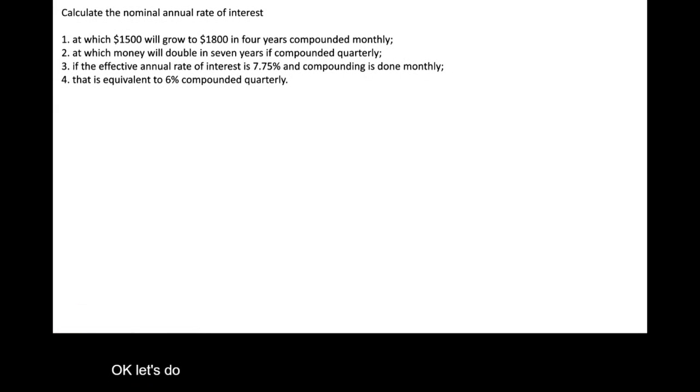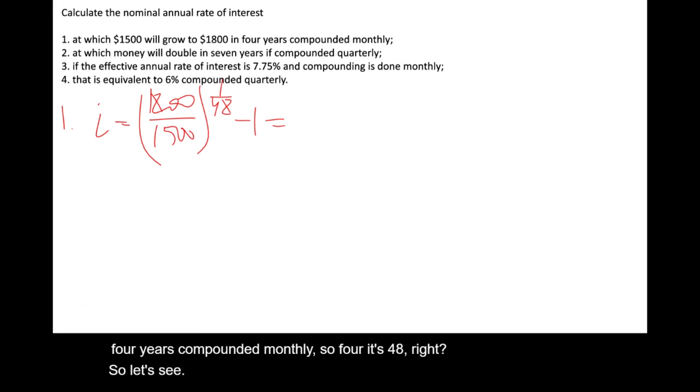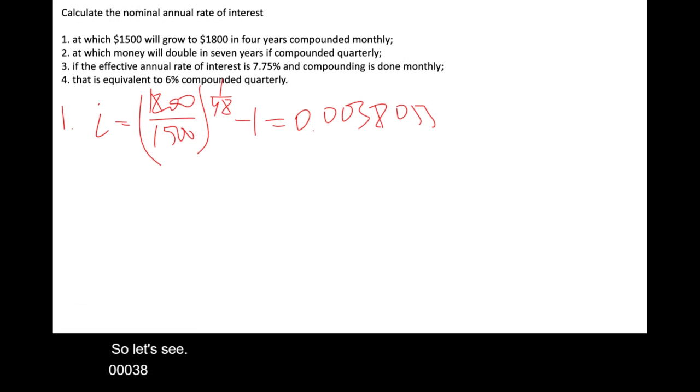Okay, let's do it. So, nominal annual rate of interest. The first one. So, I is 18 over 15, 4 years compounded monthly. So, 4 years is 48, right? So, I is 0.0038.